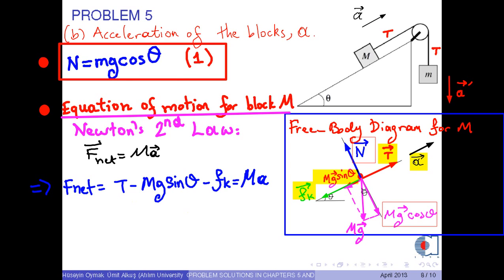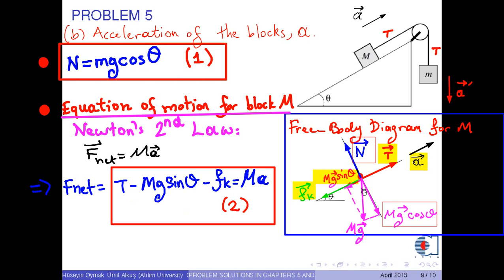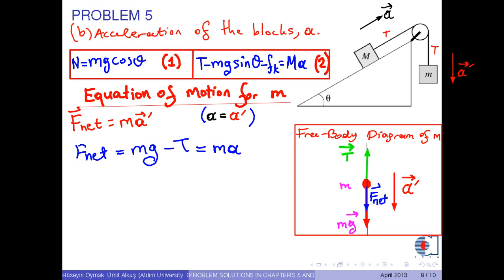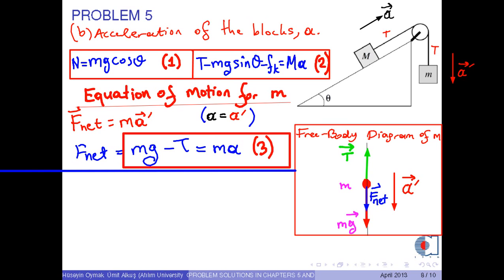And let's label this equation as 2. Next, we write the equation of motion for small m as follows. Vector F net is the total force in the direction of acceleration vector. It is found by the difference m times g minus T, which is equal to m times a with the help of Newton's second law. And let's label this equation as 3.